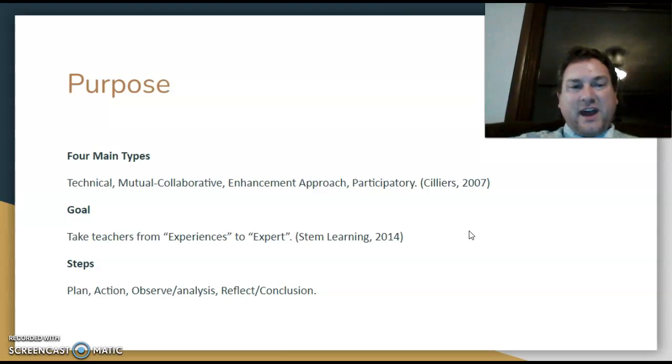The steps of action research are fairly simple. First, you plan, then you put the plan into action, observe the results, analyze the results, and then you have the reflection on the results that you got, or in some cases they call this the conclusion, and then you refine the questions, redo the plan, and repeat the process over and over again, leading to additional knowledge and understanding of your classroom, the students, the subject, and hopefully dealing with whatever issues you are seeing and needing to deal with.